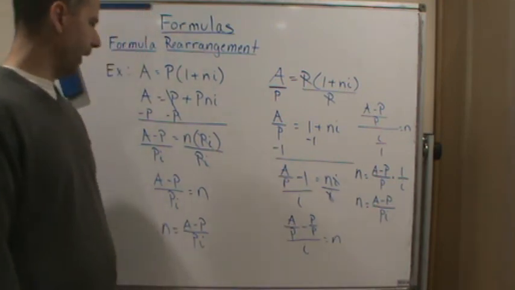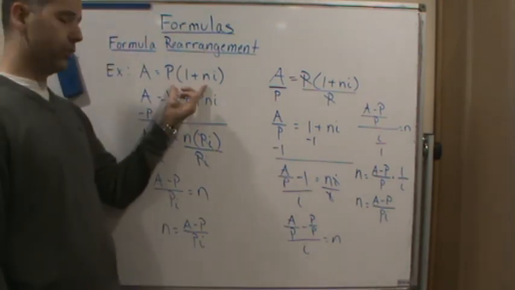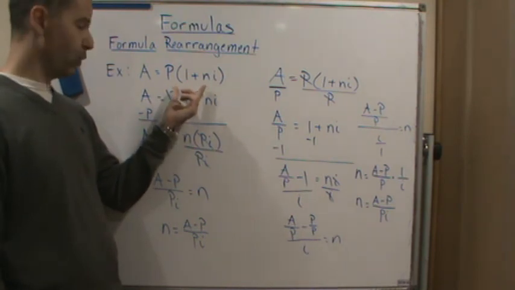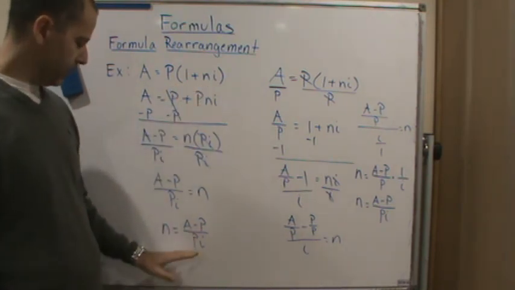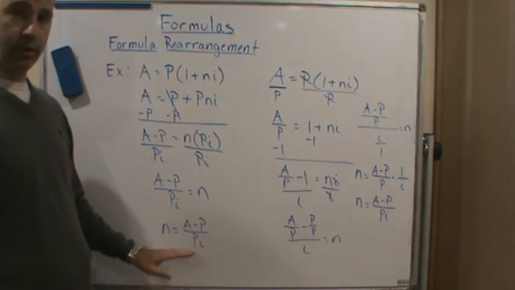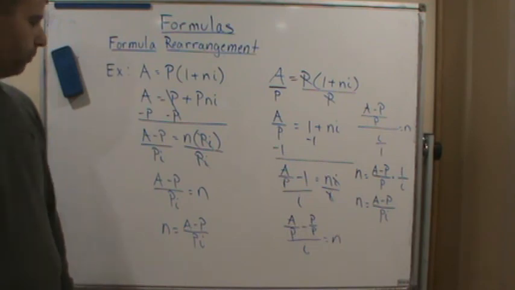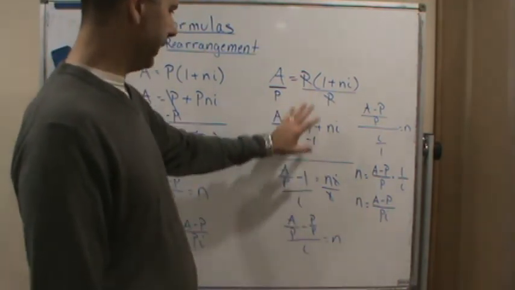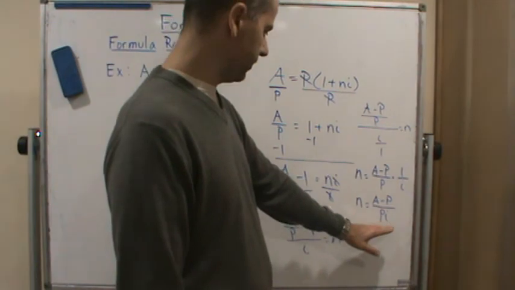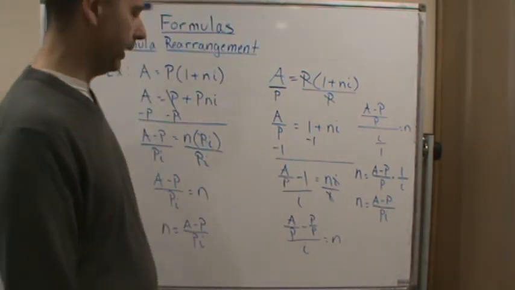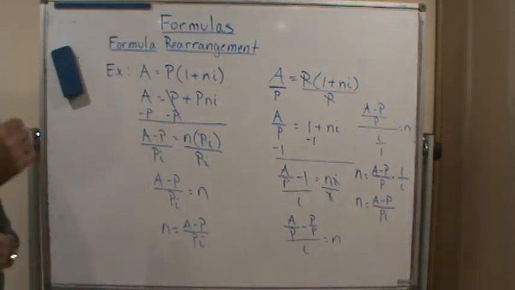So again, the book shows you using the distributive property, which I think is the more efficient way of doing it, because you end up getting a nicer formula. But again, as you can see over here, doing it this way, you can get to the same answer. It does take some more steps. So just keep that in mind.